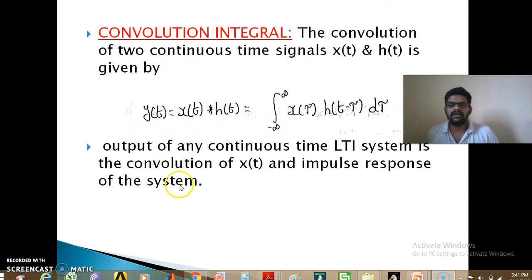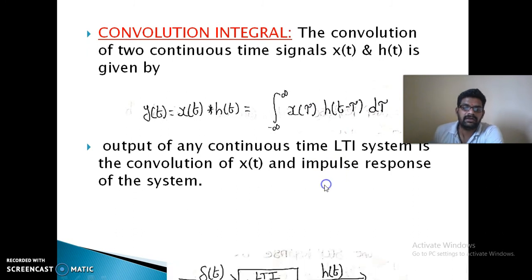So Y of omega is equal to X of omega times H of omega. Like that, you can directly estimate the spectral components of h of t, and identify the spectral components of the impulse function. H of omega is known as the transfer function. The impulse response is in the time domain, and H of omega is the transfer function in the frequency domain.